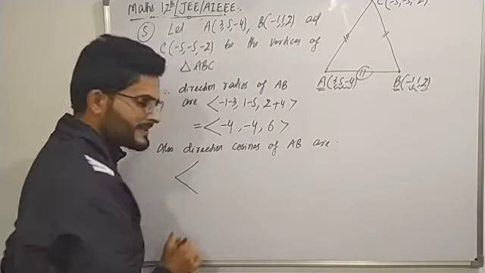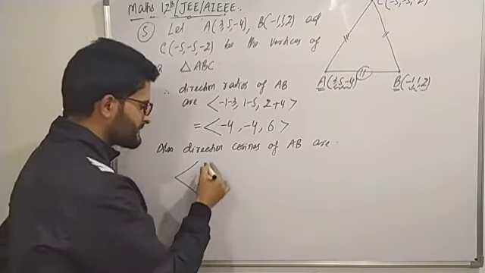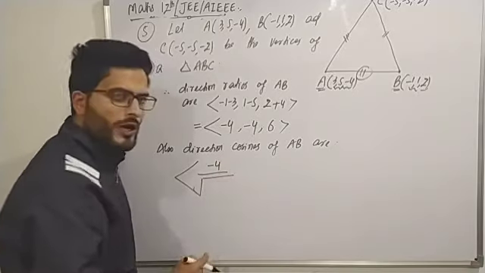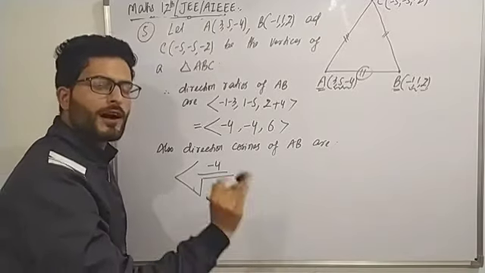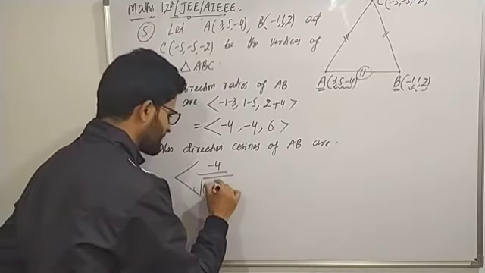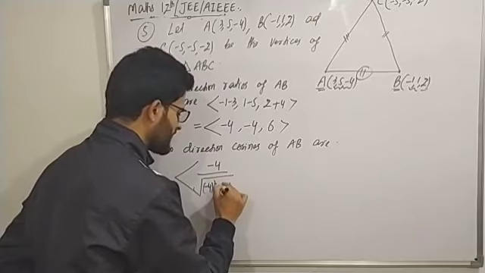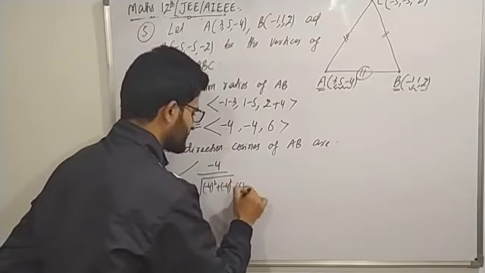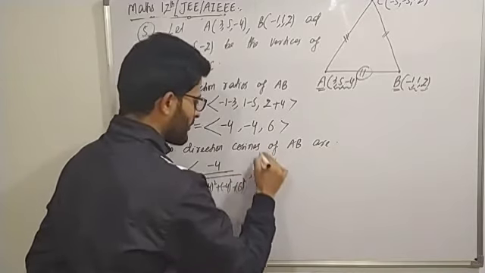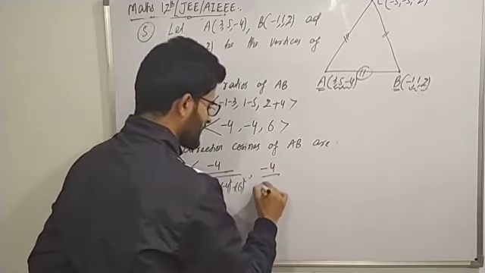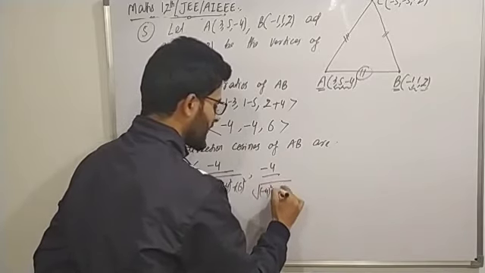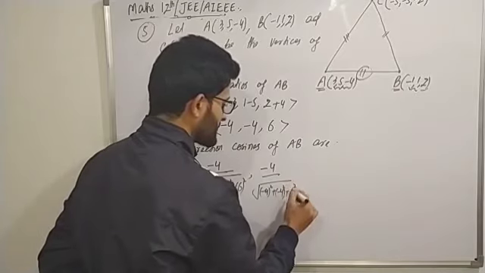Ordered three tuple of, yes, पहला डायरेक्शन कोसाइन दैट इज फर्स्ट डायरेक्शन रेशियो -4 डिवाइडेड बाय नॉन नेगेटिव स्क्वायर रूट ऑफ सम ऑफ स्क्वायर्स ऑफ ऑल द थ्री डायरेक्शन रेशियोज, दैट इज -4 स्क्वायर प्लस -4 स्क्वायर प्लस 6 स्क्वायर, राइट? एंड सेकेंड डायरेक्शन कोसाइन क्या होगा? अगेन -4 डिवाइडेड बाय स्क्वायर रूट ऑफ सेम थिंग, -4 square plus -4 square plus 6 square.